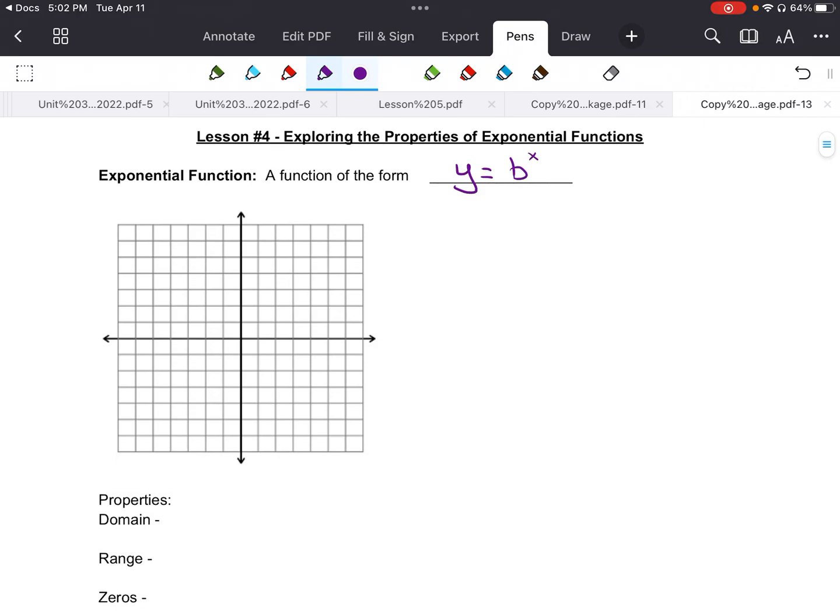So we're going to quickly look at two functions here, but first we are going to make a table. The functions we're going to look at are y equals 2 to the power x, and y equals half to the power x.